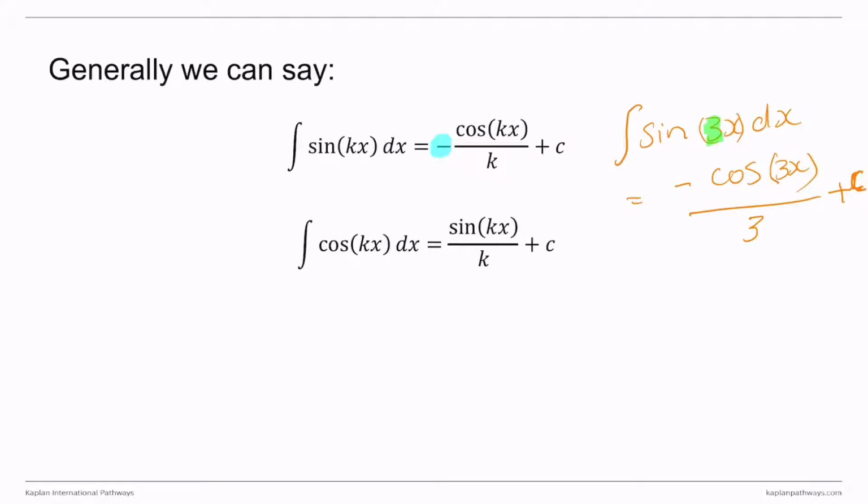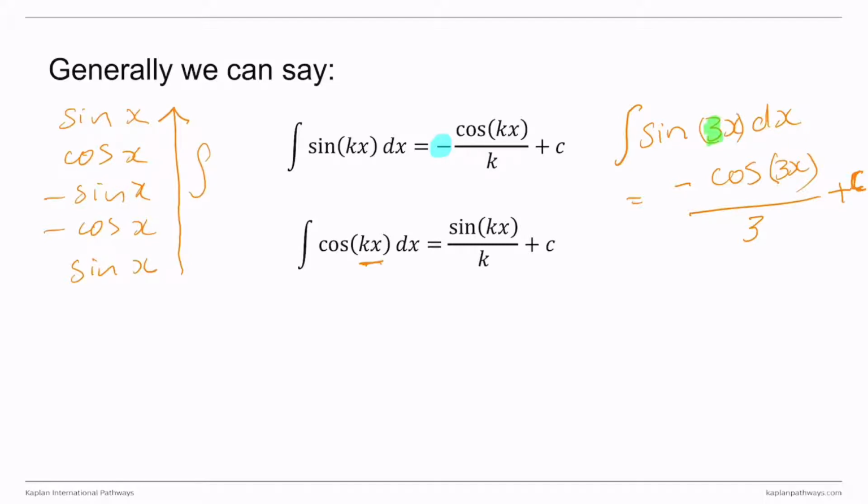Same thing, we have integration for cosine kx dx, where k is a number multiplied by x. The integration for the cosine is sine. Remember we have sine, cosine, minus sine, minus cosine, and then sine again, and the integration goes this way.